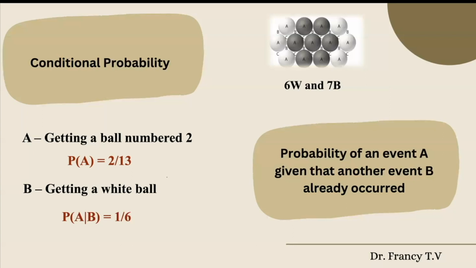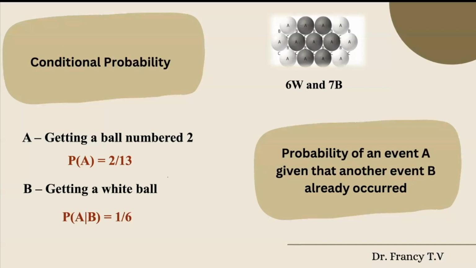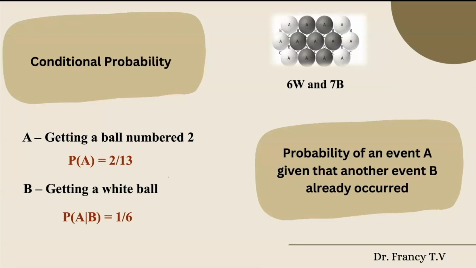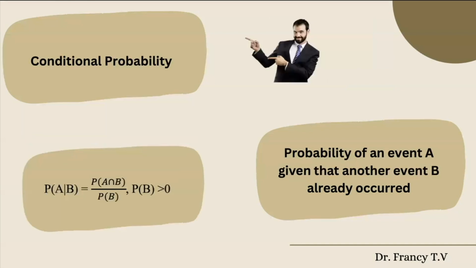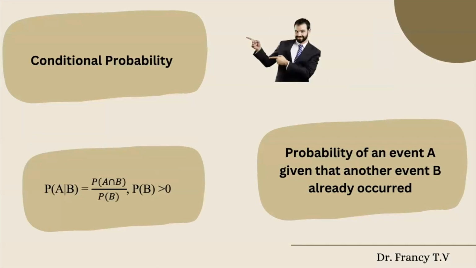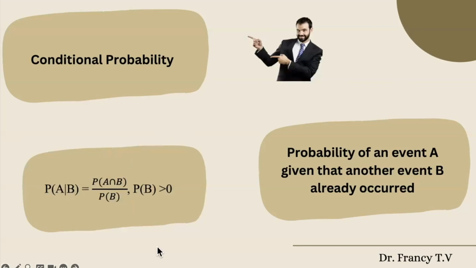There is only one white ball numbered 2 and there are only 6 white balls. So according to classical definition, it must be 1 divided by 6. Mathematically, it has been proved that conditional probability is given by the formula P of A given B equal to P of A intersection B divided by P of B.